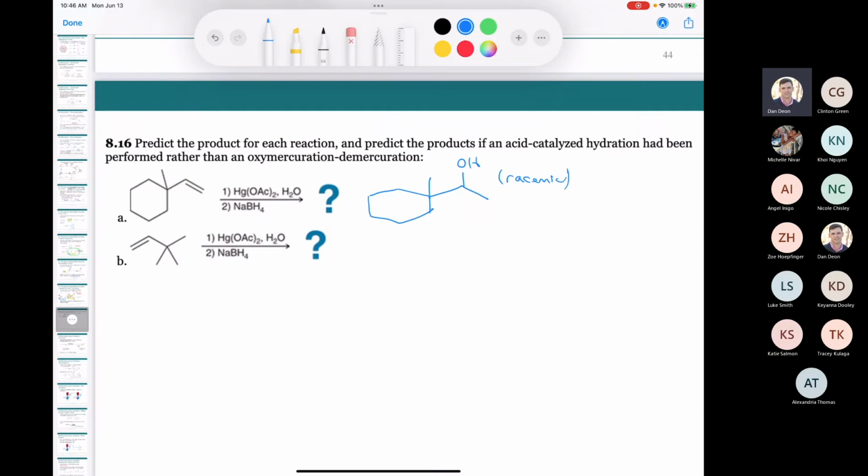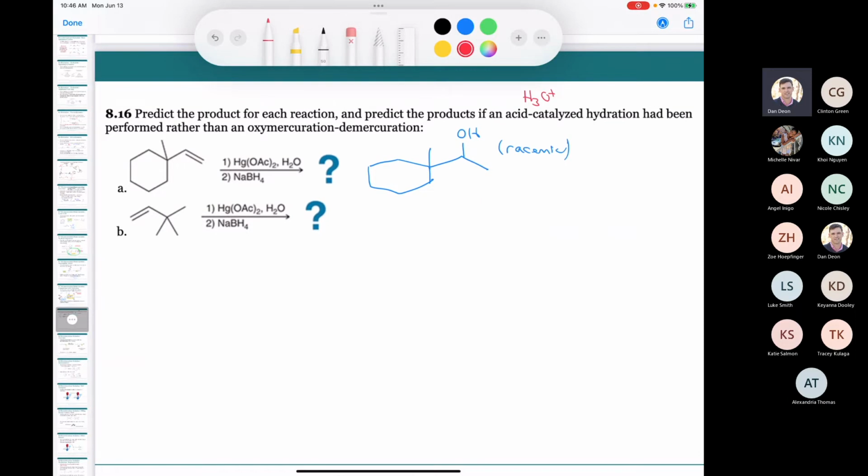If we had done an acid-catalyzed reaction, meaning just using H3O+, what we would have ended up with would be this. We would have our alkene. It's going to react with our acid, so H3O+. Let's draw that out. We're going to get our proton transfer like this, and let's draw the carbocation that's formed.